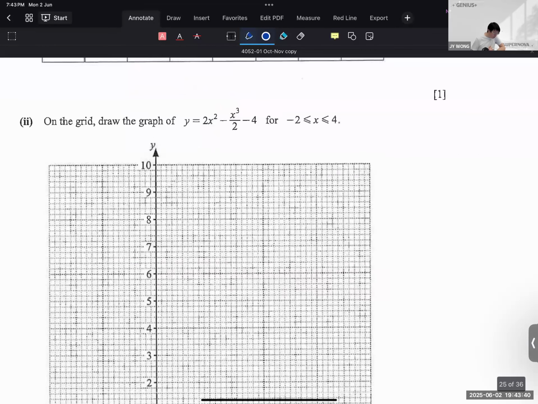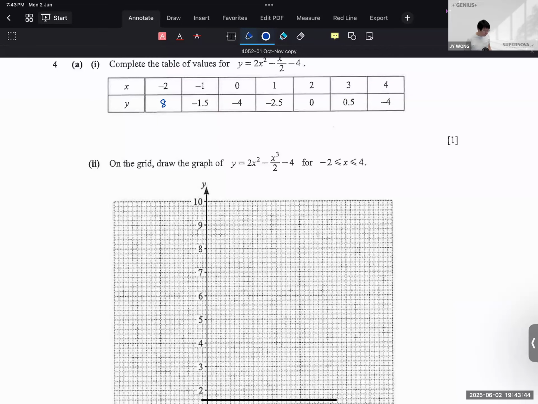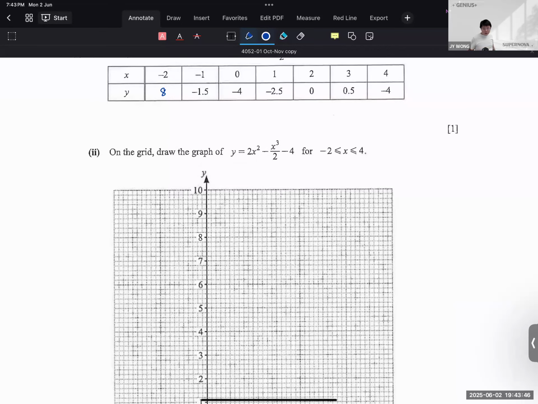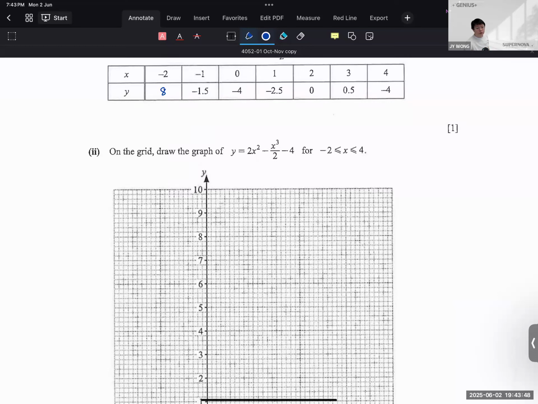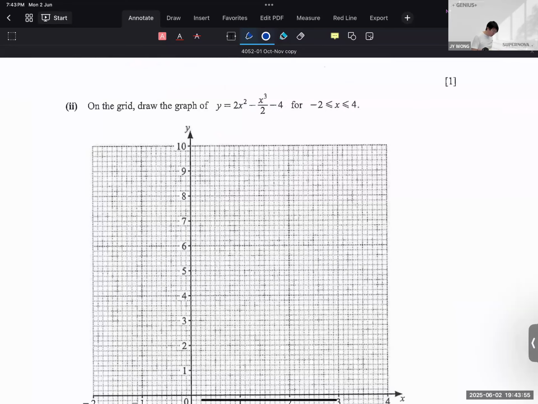Now, let's go back to the graph question. This is not a difficult graph to draw. You may or may not recognize the general shape of the graph. I am going to show you the general shape of the graph.